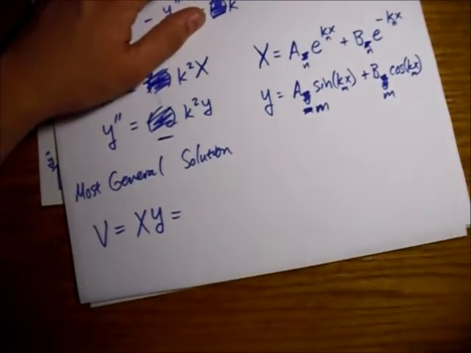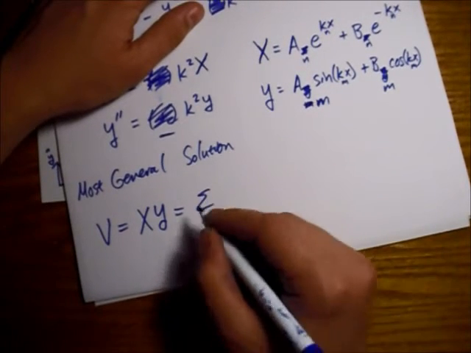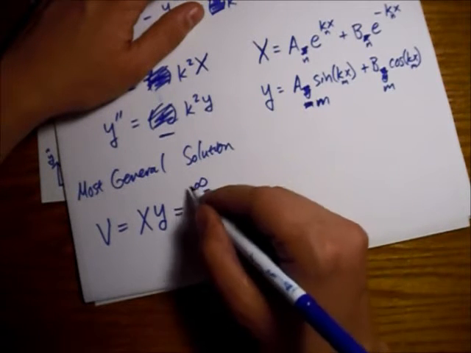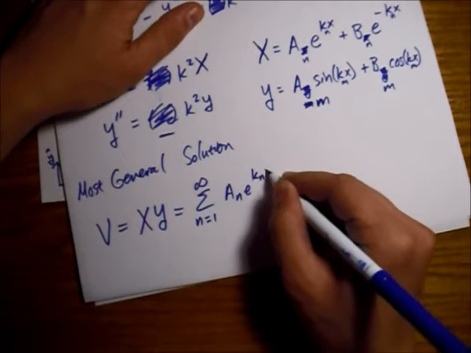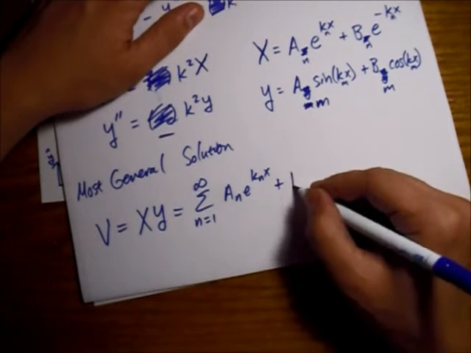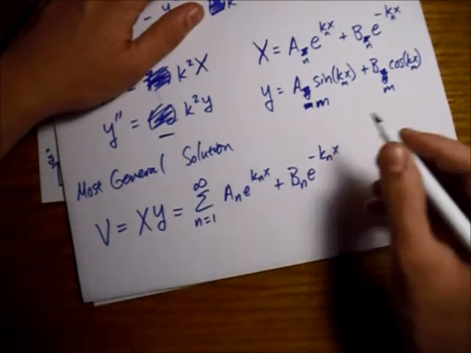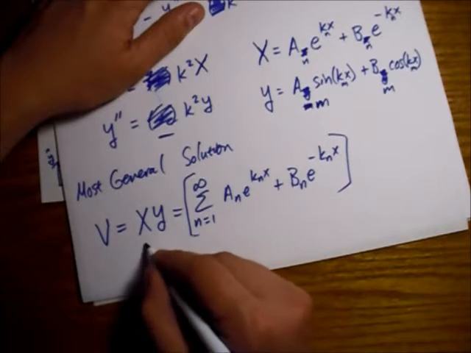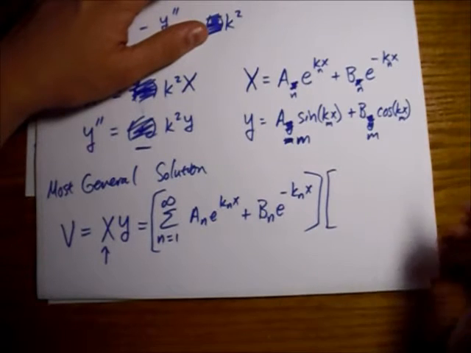We actually get an infinite sum of all the solutions for the ordinary differential equation. What a huge mess, right? So the sum from n equals 1 to infinity of A_n e to the k_n x plus B_n e to the minus k_n x. This is our X function right here.